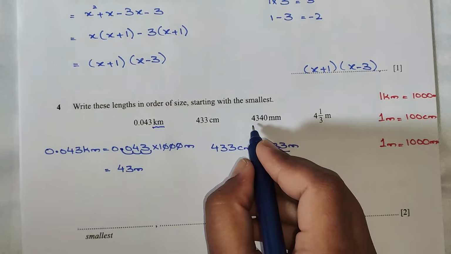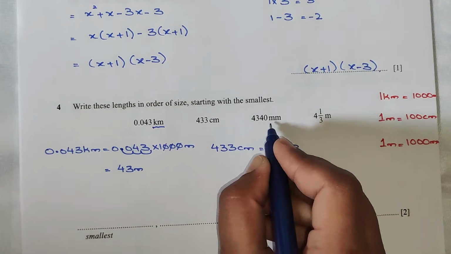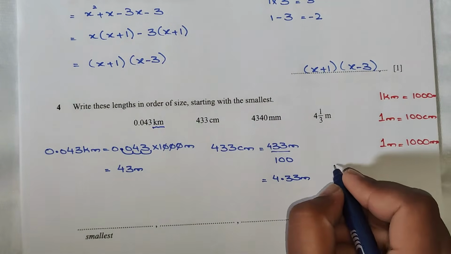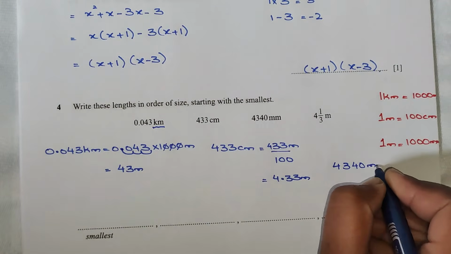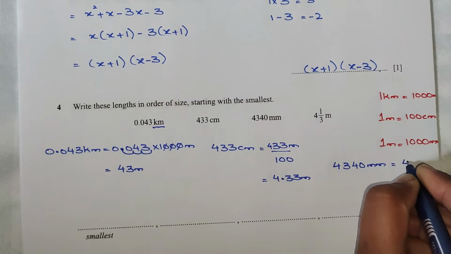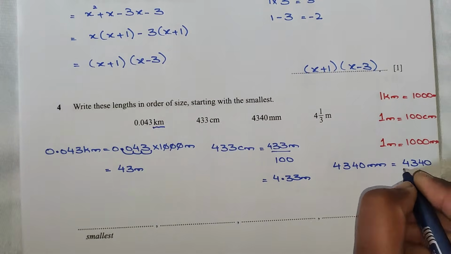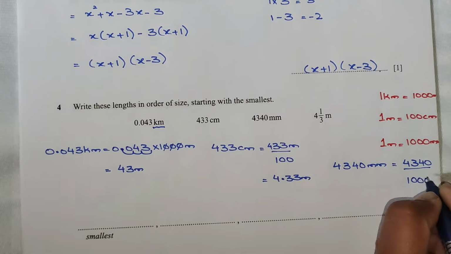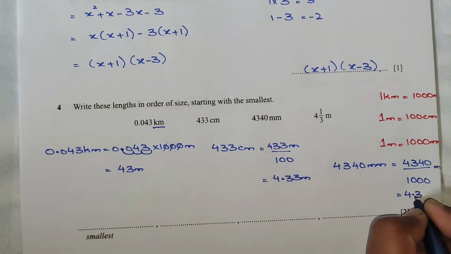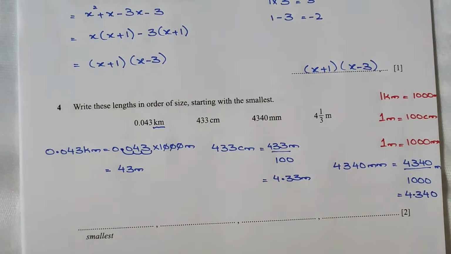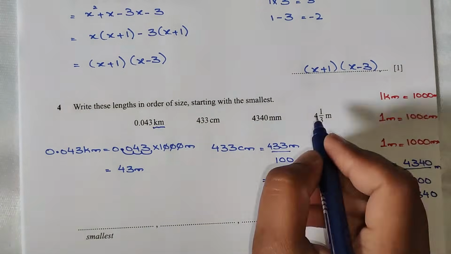And what about 4340 millimeters? We can say that 4340 millimeters would be equal to 4340 divided by 1000 meters. So this would be equal to 4.340, right?